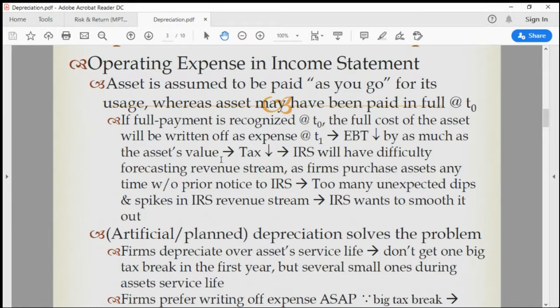But then if EBT goes down, what goes down too? EBT is earnings before taxes. So if EBT goes down, what goes down too? Tax goes down too, right? Isn't that right? Tax goes down too.